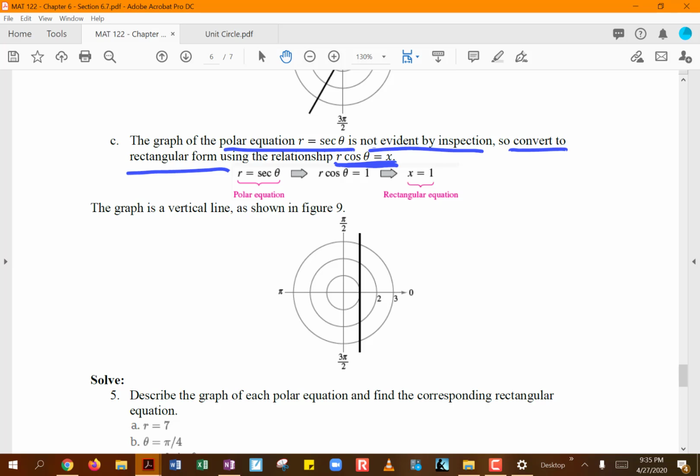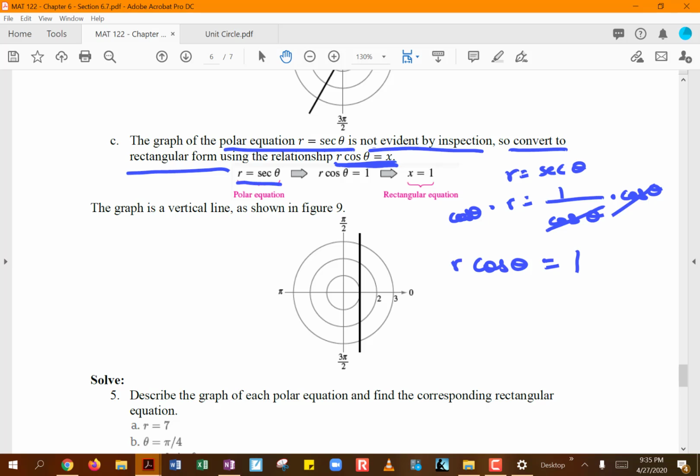Now think about this. This is r equals secant theta right now. But we know secant theta is the same thing as 1 over cosine theta. So if I multiply both sides by cosine theta, this will cancel out on the right hand side, leaving me behind with 1, and you end up with r times cosine theta, and we know r times cosine theta is going to become x.